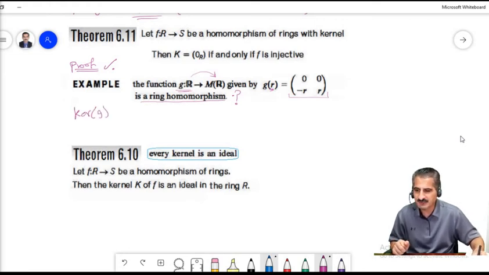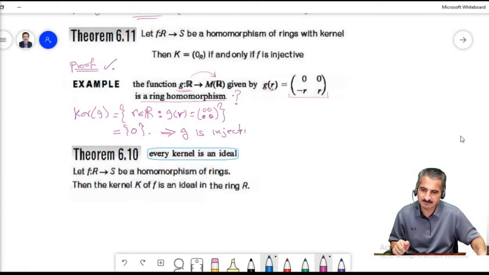Kernel of G consists of all numbers R that belong to the real numbers such that G of R equals 0. And the 0 in here is the 0 matrix, right? And how could this be possible? What is R that produces such a thing? Nothing produces this except the 0 itself. And that gives G is injective. Good.